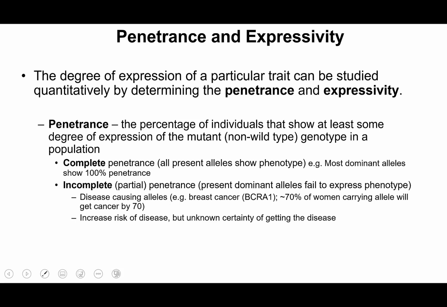This is associated with breast cancer. Women or men that have the BRCA1 allele tend to develop breast cancer. But it's not if you have it, you're going to get breast cancer, because what we find is that only 70% of the women carrying that allele develop breast cancer by the age of 70. So there is an increased risk of disease by having this allele, but it's not 100% penetrant. It's incomplete. There's an unknown certainty of whether you're going to get that disease or not.